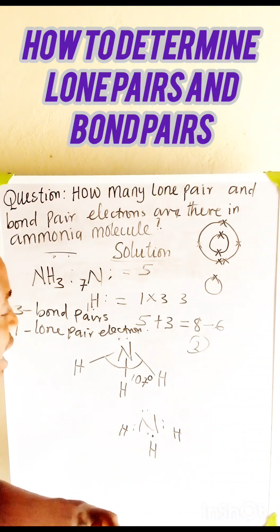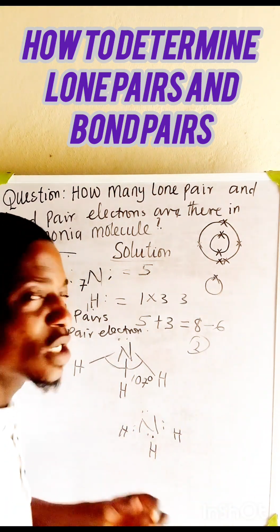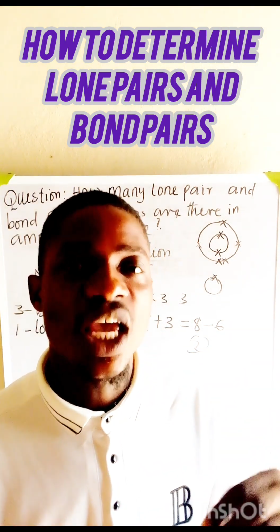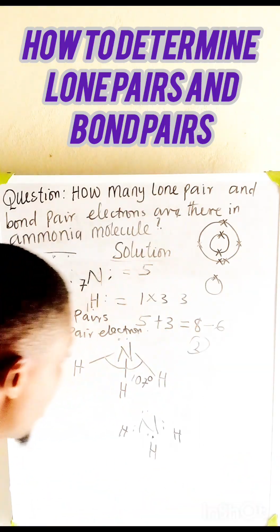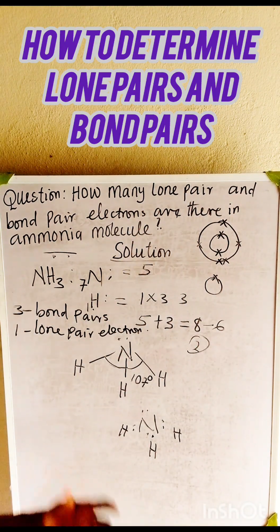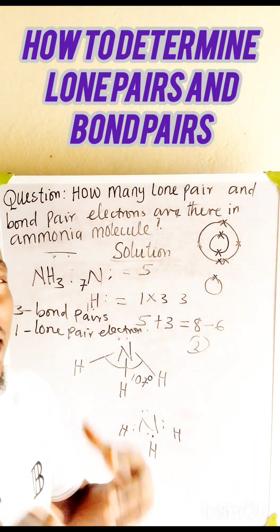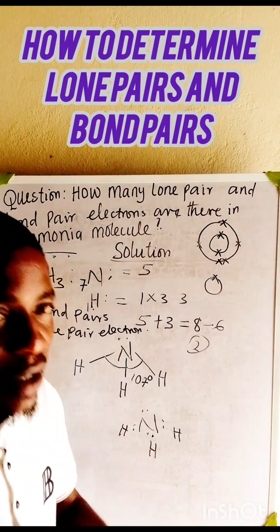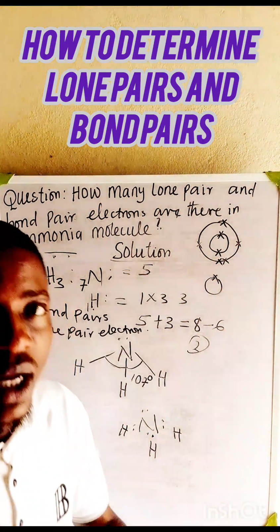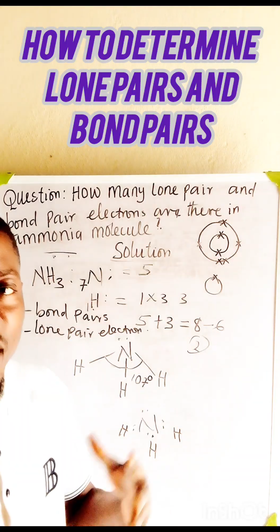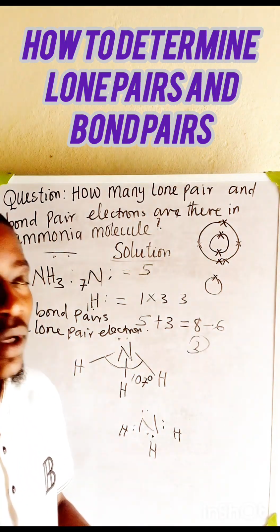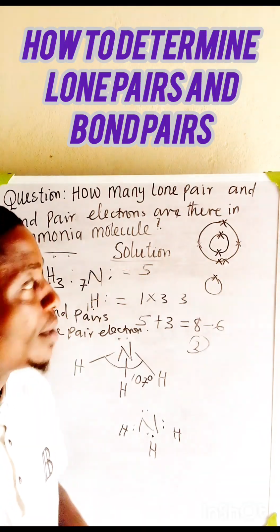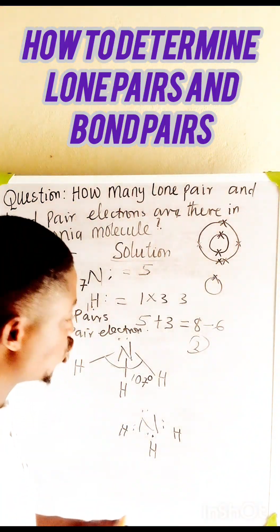Another question that might come from this is, what is the shape of ammonia molecule? The shape is trigonal pyramidal. That is the shape of ammonia molecule, trigonal pyramidal. You see how questions like this can be answered without stress.